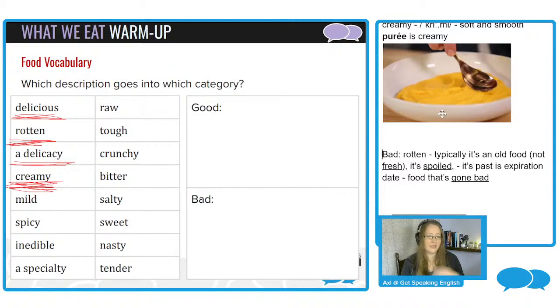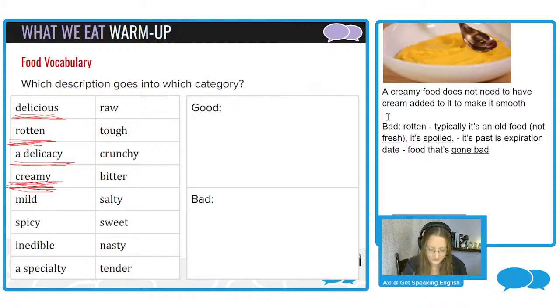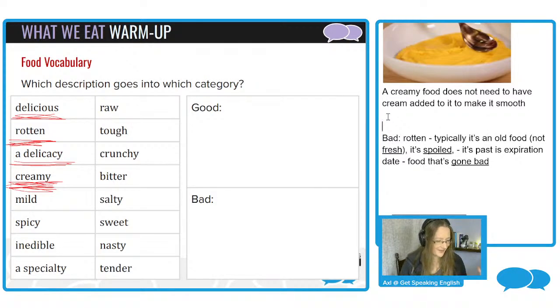And it may or may not have cream added to it to help it get this consistency. So it has nothing to do with cream as an ingredient, but has that nice texture. Yeah, it's a good question. So feel free to ask me questions as well, so we can clarify what some of these words mean.